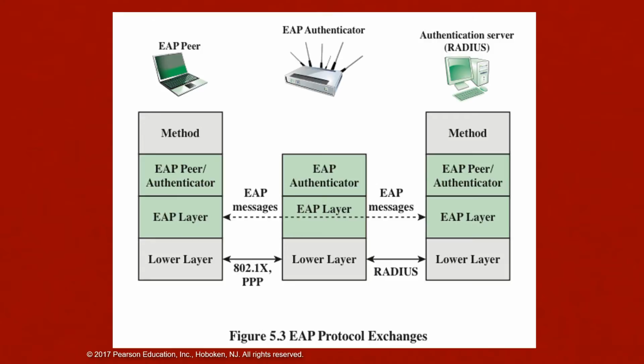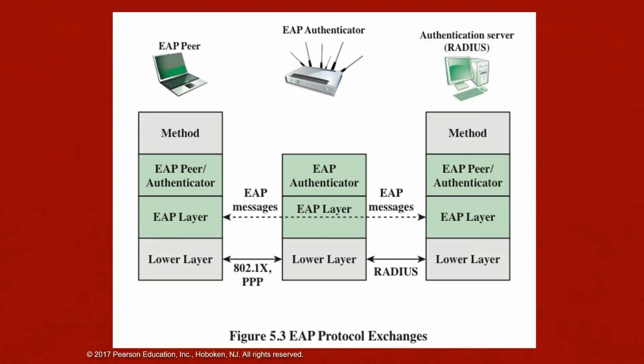The EAP authentication exchange proceeds as follows. After a lower level exchange that established the need for an EAP exchange, the authenticator sends a request to the peer to request an identity, and the peer sends a response with the identity information. This is followed by a sequence of requests by the authenticator and responses by the peer for the exchange of authentication information.